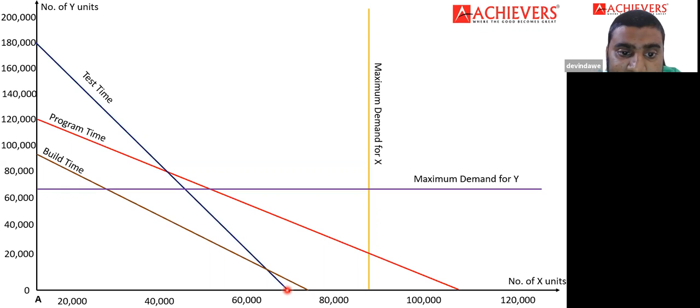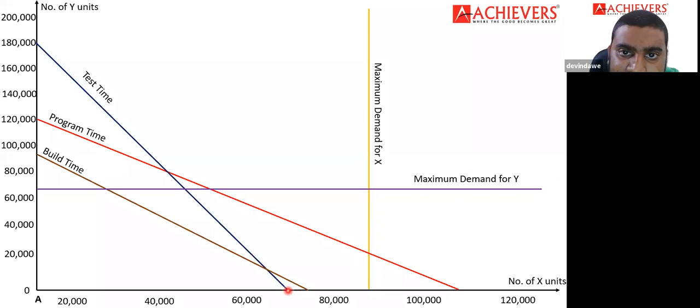Now, what does it mean, guys? It means that I cannot go any further. I have to stop here. Why do I have to stop here? Because it means that the maximum amount of test resource I have is over. Even if I allocate the entire test time to product X, the maximum I can produce is 72,000 units.